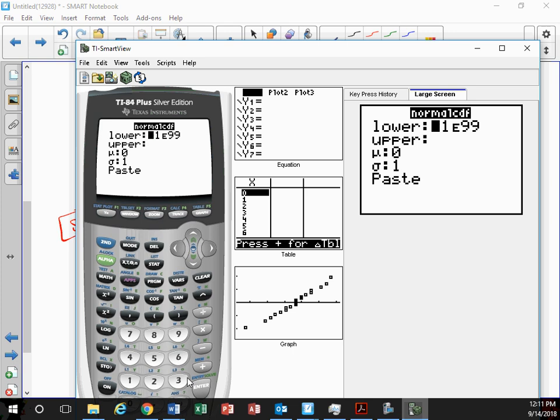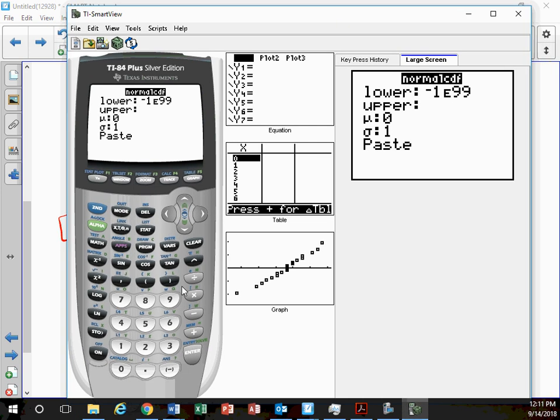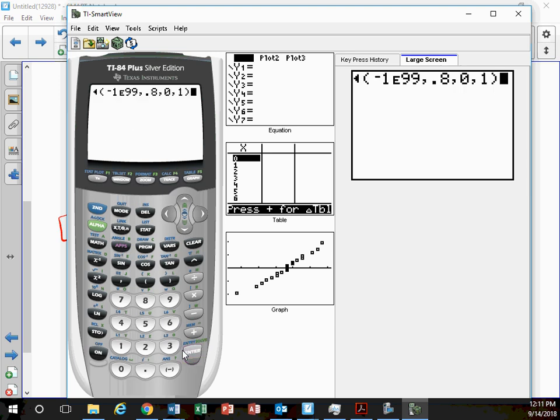What did we come up with as his Z-score? 0.8. So let's go ahead and put in a 0.8 there. Since we're talking about his Z-score, not just his straight SAT score, we've already standardized it, so we can use the 0 and the 1. And then let's go ahead and paste.